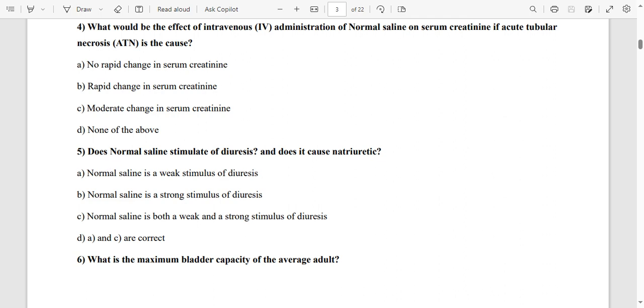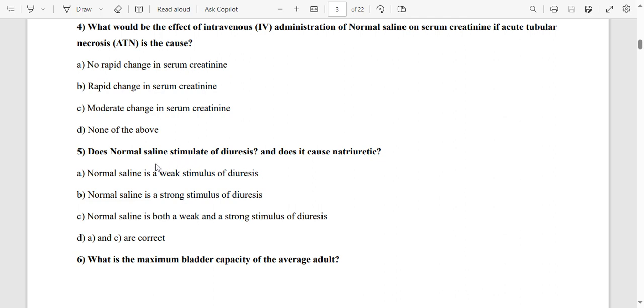Number 5, does normal saline stimulate diuresis and does it cause natriuresis? Diuresis is the movement of water. Natriuresis is the movement of sodium.